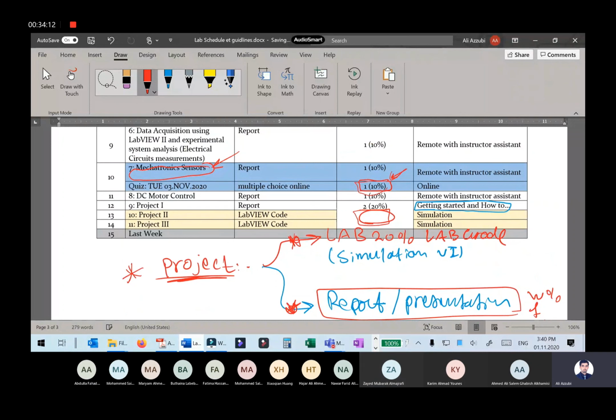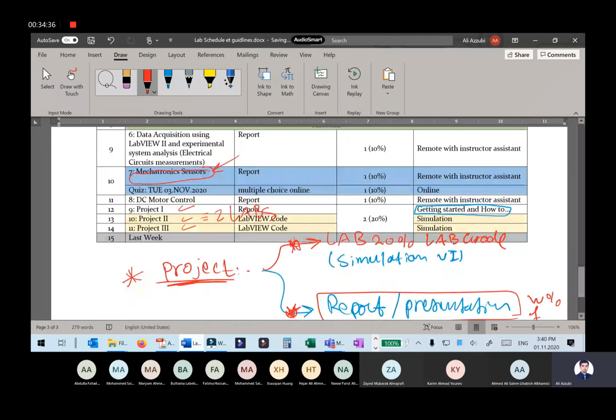Basically projects 1, 2, 3 are equivalent to 2 labs only. If you sum all of these, the weight is 10.